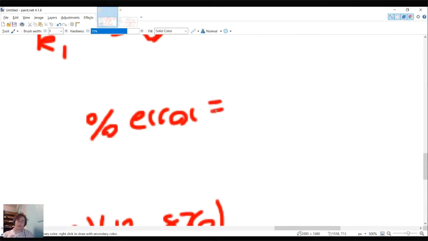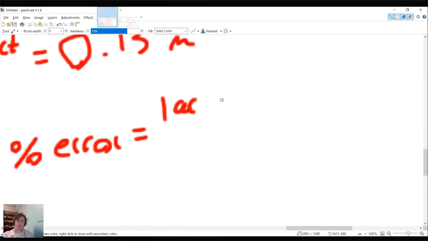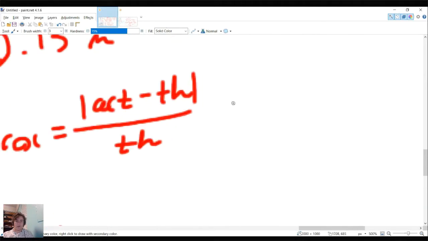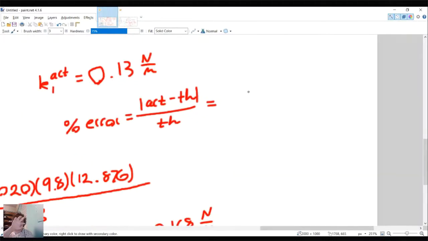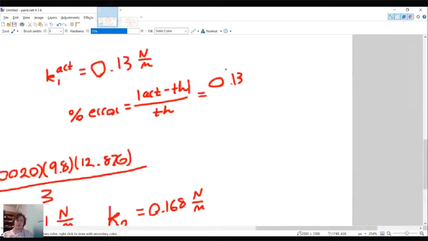When we're calculating the percent error, this is equal to the absolute value of the actual minus theoretical, divided by the theoretical, so you can flip the two as long as it's positive.